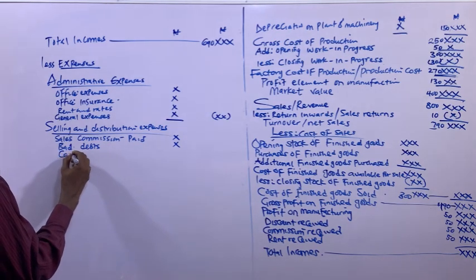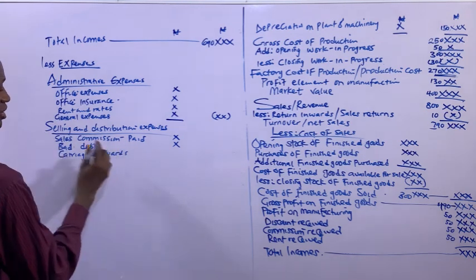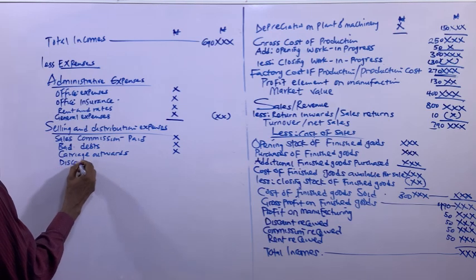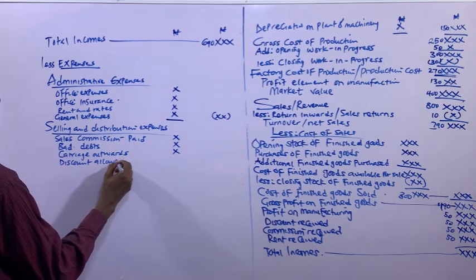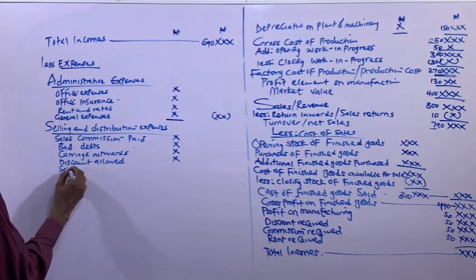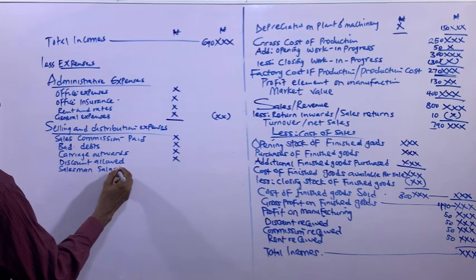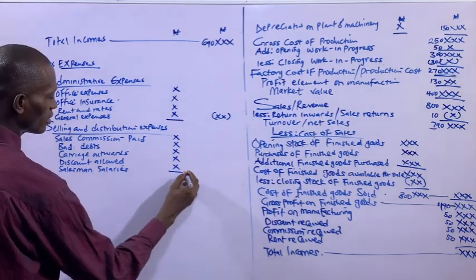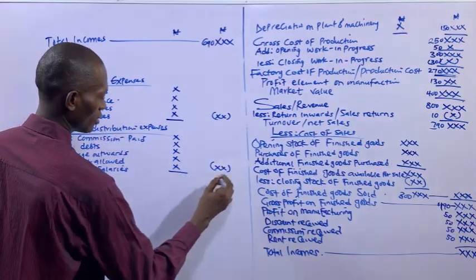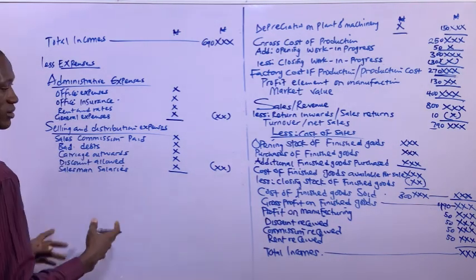You could have carriage outwards. It's also related to sales. Then you could have discounts allowed. Is also related to sales. You could have salesmen salaries, and all that. You could have some other ones. So these are some of the ones we'll be writing for today. When we solve questions, we get to see other ones.